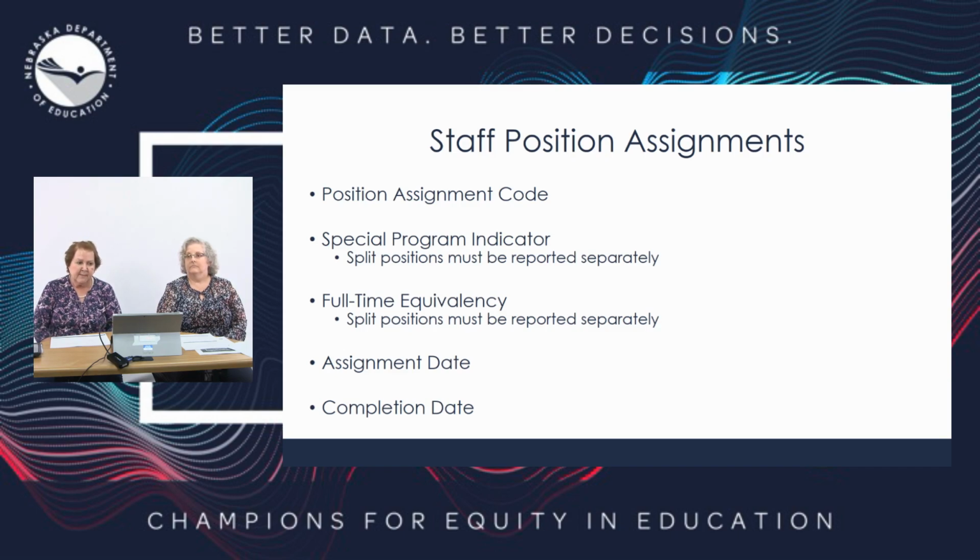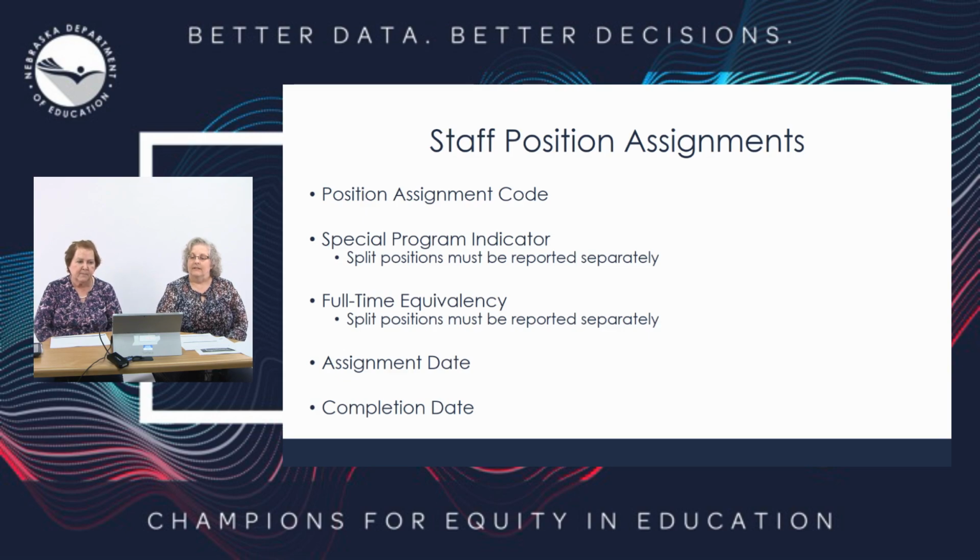There is an assignment date, a completion date, and a full-time equivalency assigned to each of those positions, so you'll need to divide that up appropriately based on their funding. If they change during the year, you can end a position and add a new one, but you do not delete anything. Just remember, do not delete anything. Just end the position and add a new one, or if you just need to change the FTE, you can do that too.